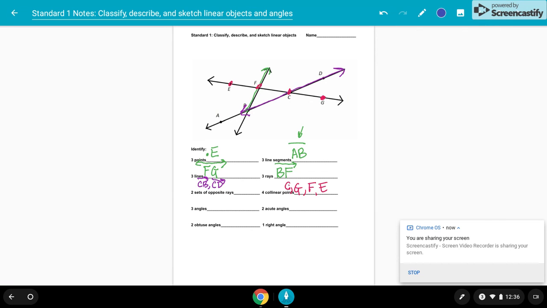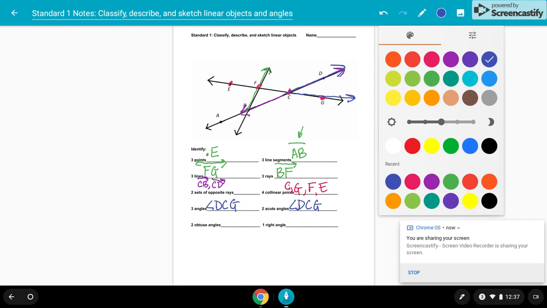The first angle that I see that just pops out to me is this angle right here. That would be angle DCG. You need to find a couple more. That angle also happens to be an acute angle, DCG.